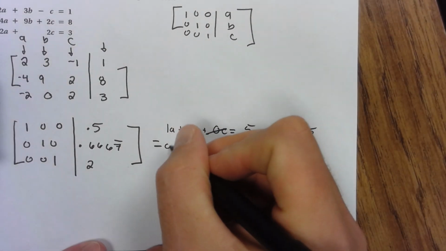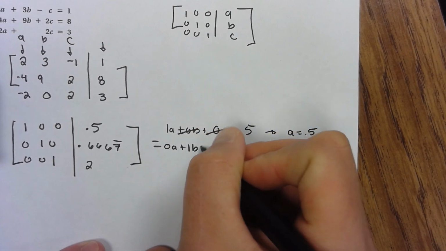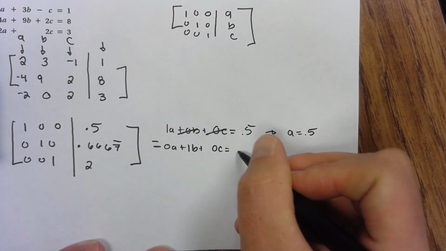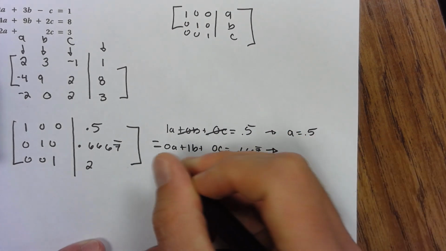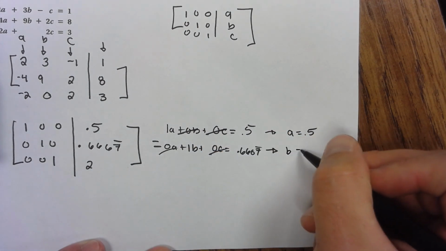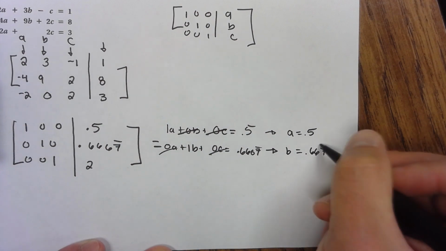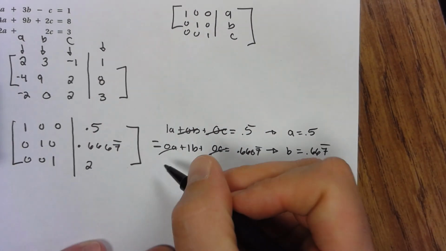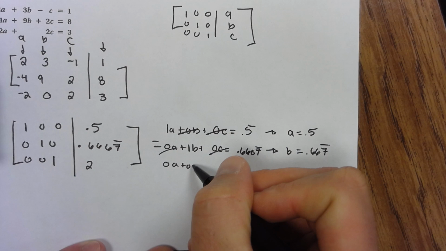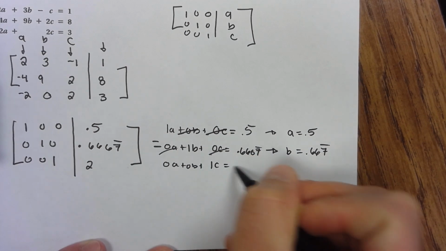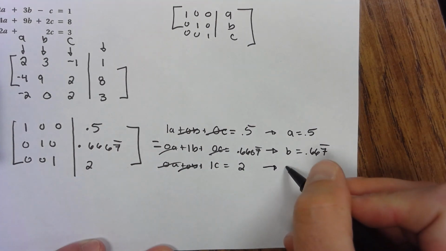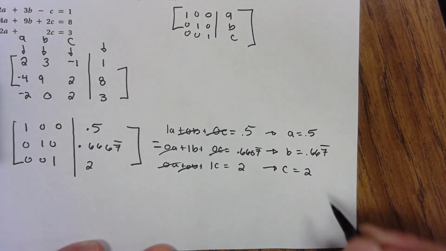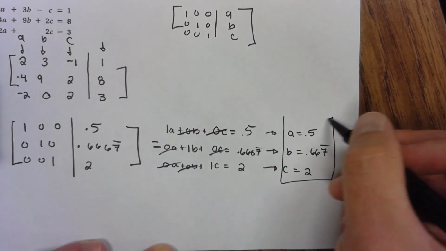Then we have 0A plus 1B plus 0C equals 0.667. Well, again, the zeros don't matter, so this is giving us that B is 0.667. And then we have 0A plus 0B plus 1C equals 2, meaning C is equal to 2. And that is our entire solution.